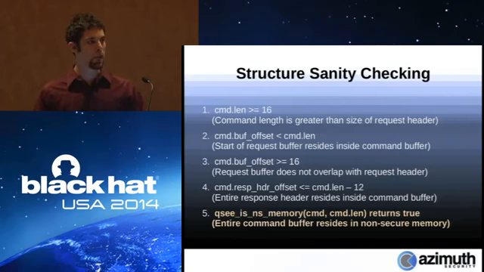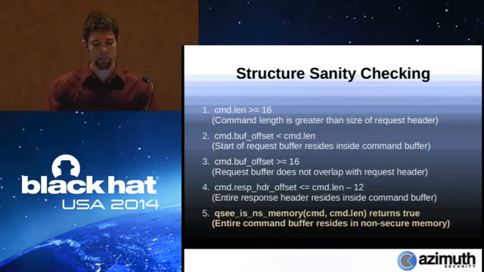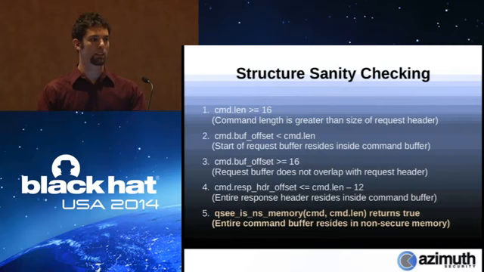And then finally, perhaps most importantly, there is an invocation of a function that I called QSEE is non-secure memory. There's no symbol support available in TrustZone, so all of these functions I just named appropriately for convenience sake. And what this function is designed to do is guarantee that the entire command buffer being provided by the kernel resides in non-secure memory.